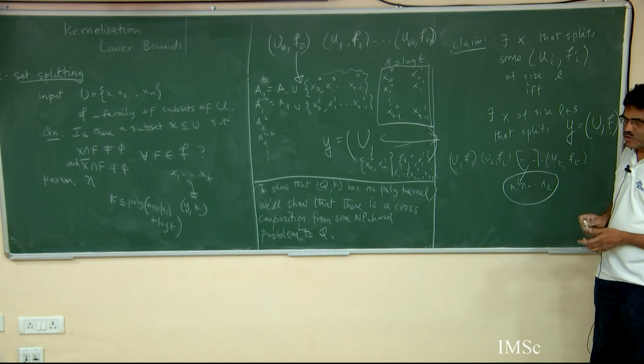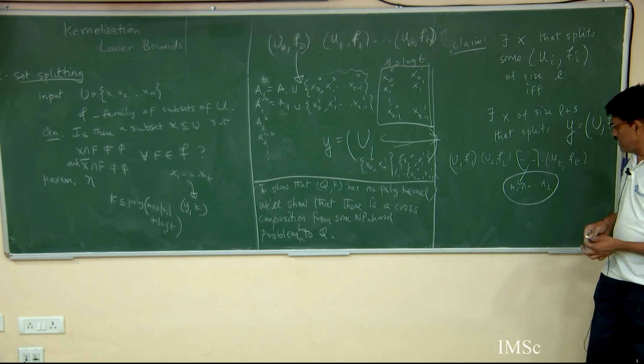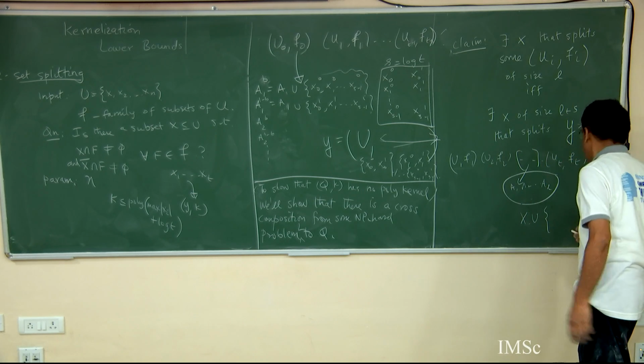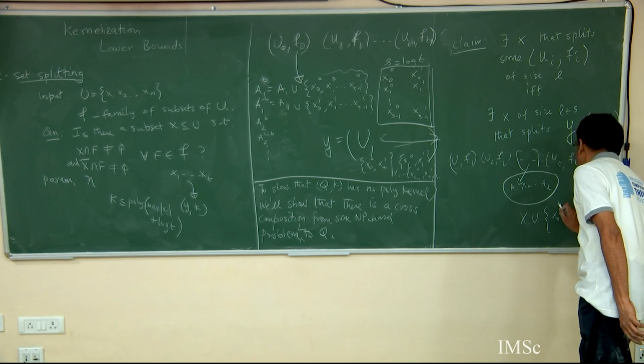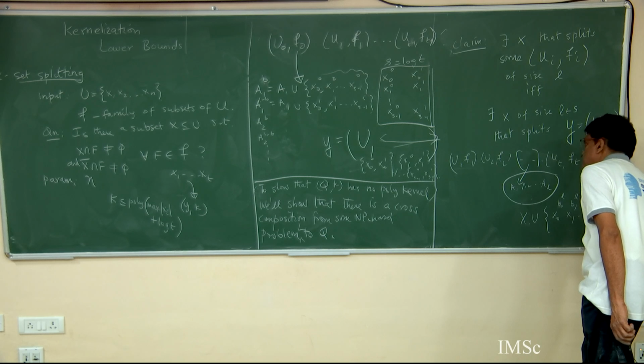So, what I will do is take my original X and union it with X0 of B0, and so on up to X1 of B1. What do I mean by this?